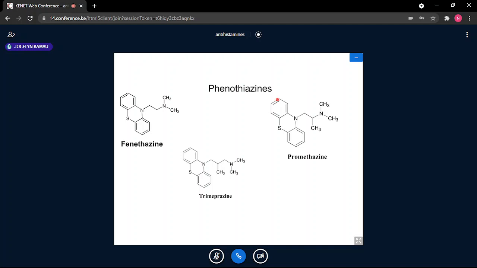The only difference is that in the phenothiazine, branching at the beta carbon, as in promethazine, increases antihistamine activity. So branching at that position increased antihistamine activity, and when you go out there, you find one of the drugs that can be used at 25 milligrams, because it also has serious sedation.